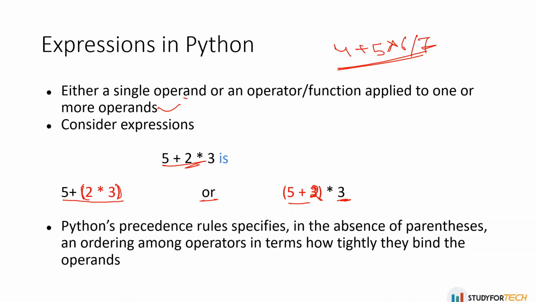The Python precedence rule specifies, in the absence of parenthesis, an ordering among operators in terms of how tightly they bind the operands. If the parenthesis is not there, the precedence rule comes into the picture. The precedence rule says which operator will be performed first and which one next.